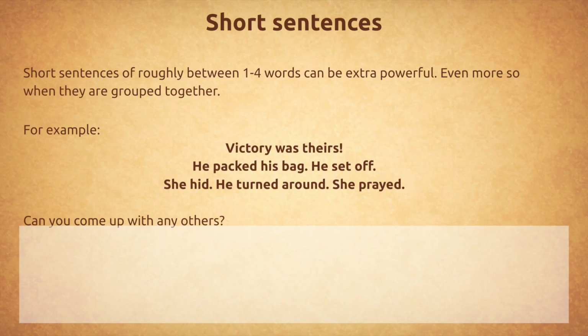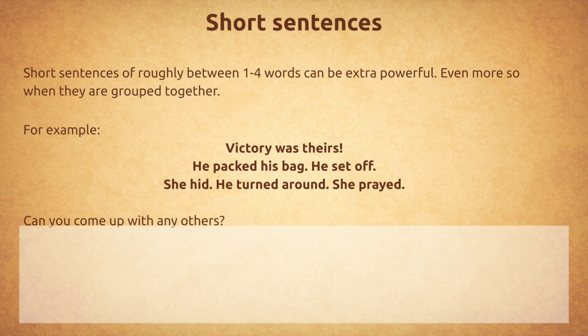And the type of sentence I'm going to teach you today is a really easy type of sentence, but it has a big impact: short sentences. Short sentences are roughly between 1 to 4 words and can be extra powerful. They're even more powerful when they're grouped together. So our example on the board: victory was theirs. He packed his bag.